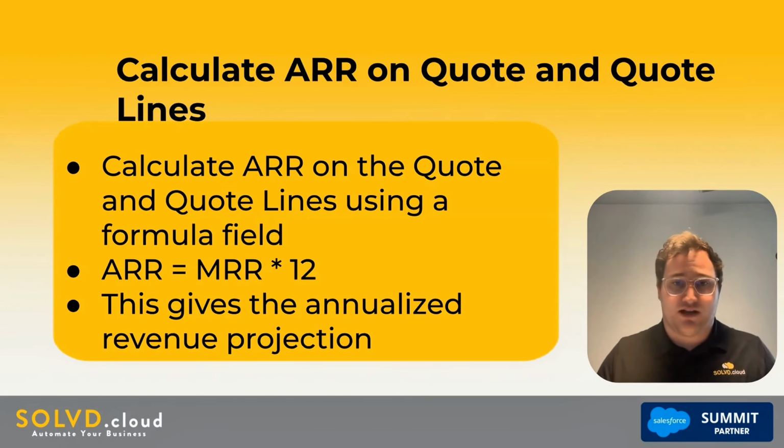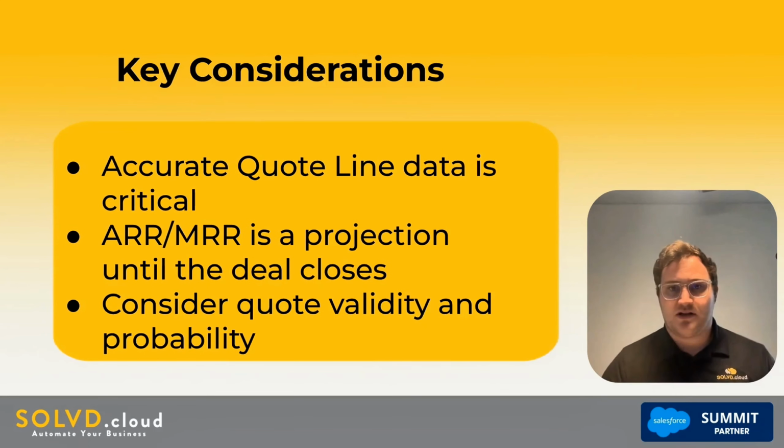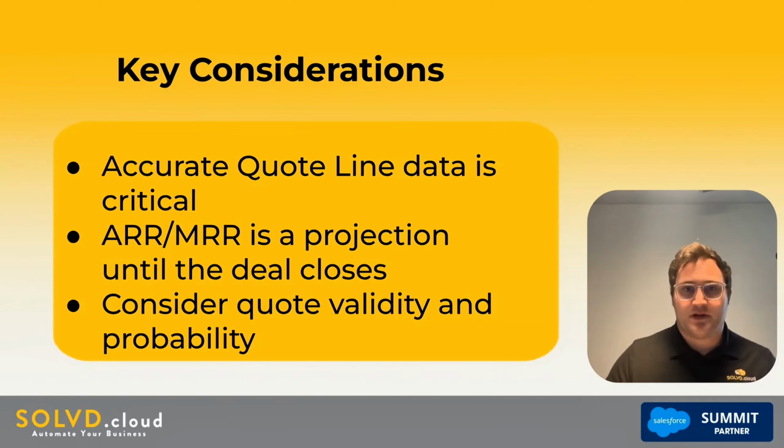Some things are important to consider as you go about setting up MRR and ARR for your quotes. Accurate data on your quote lines is absolutely critical to make sure these calculations are correct. This includes pricing as well as the dates that we are setting up.